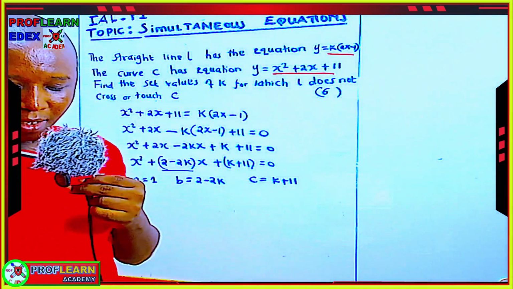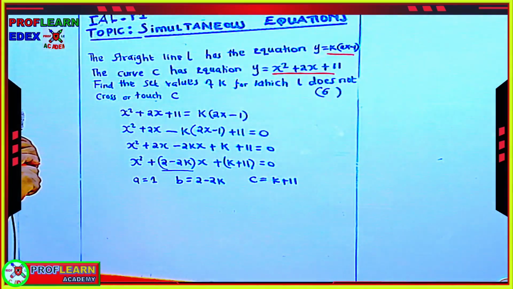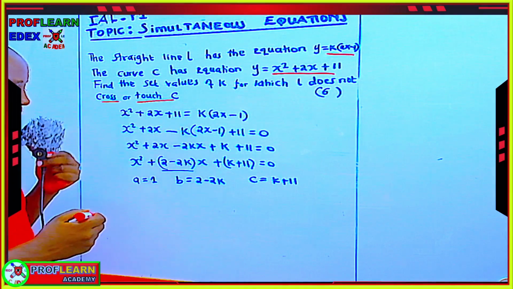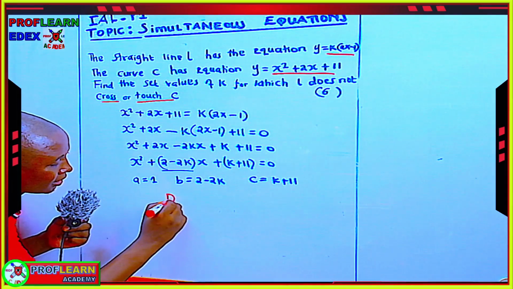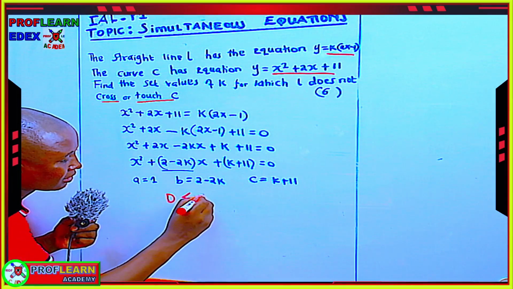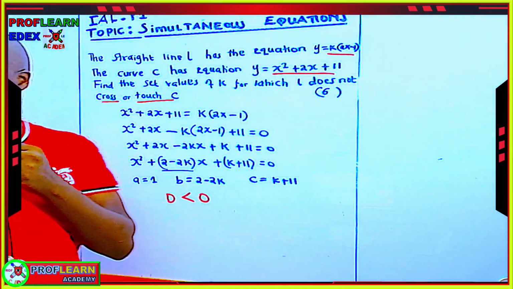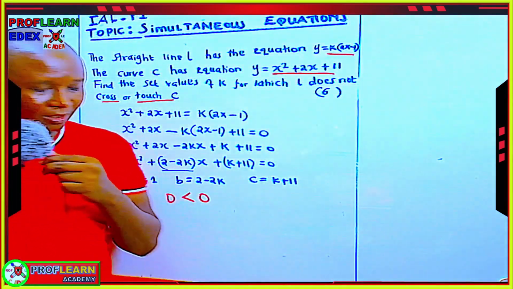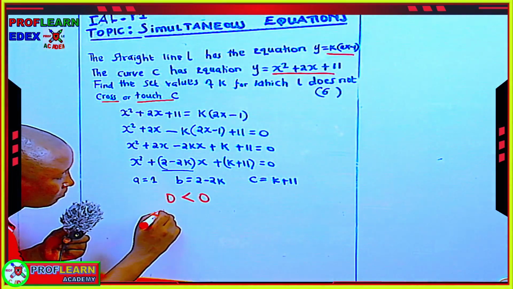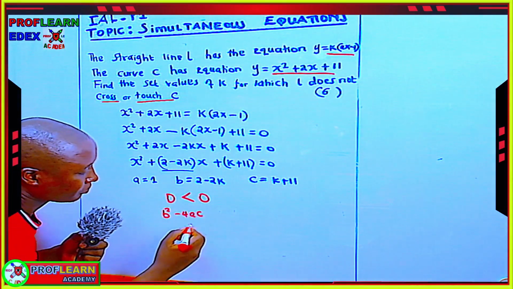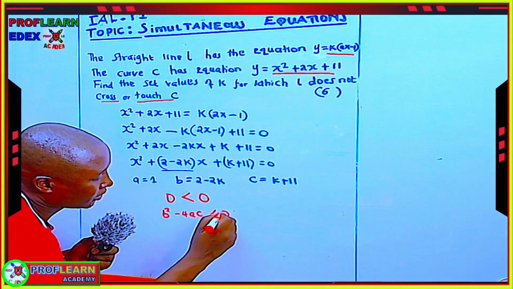In the case whereby we are told that the curves do not cross or touch, it means our discriminant should be less than 0. The discriminant is usually the formula b squared minus 4ac, which is less than 0.